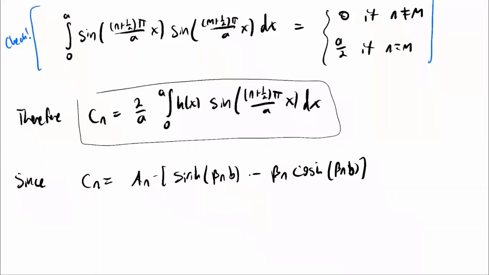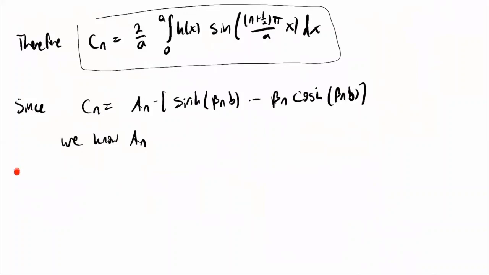Well, now we know An, right? In particular, An is going to be the Fourier coefficient of h calculated in an appropriate way, with respect to these functions, and then divided by this constant, right?